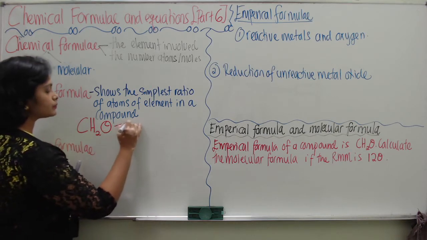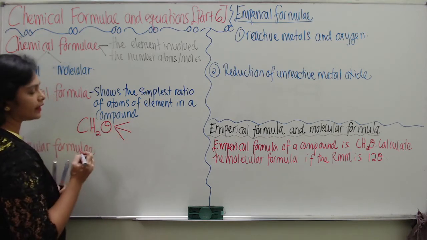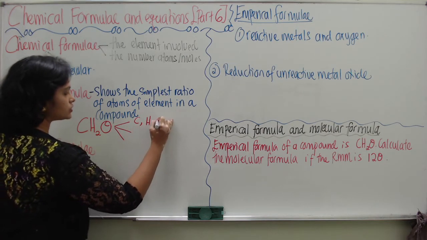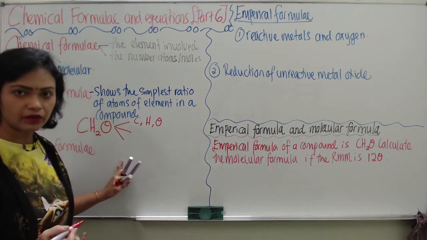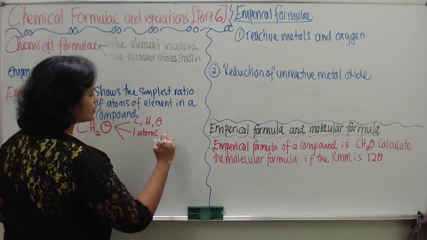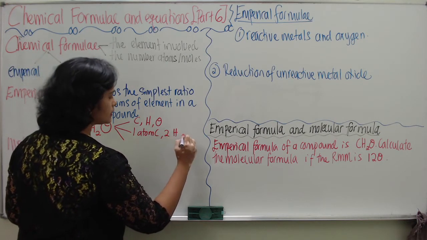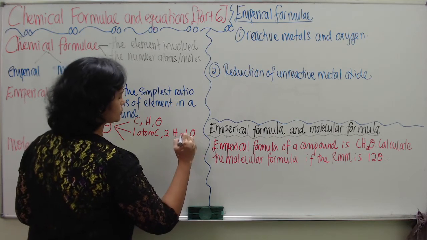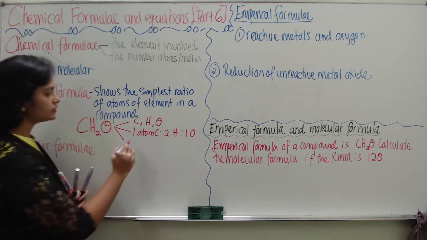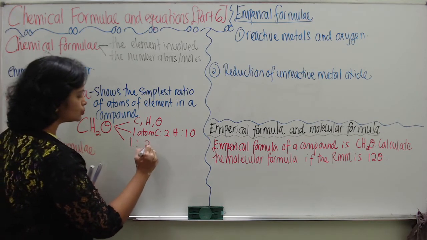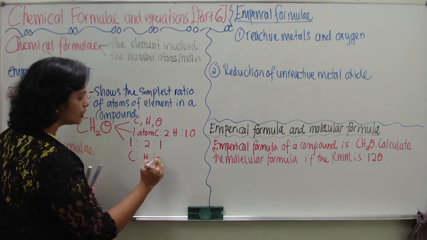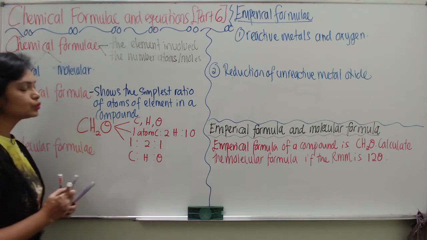The information students can get from here is that we have the elements carbon, hydrogen and oxygen in this empirical formula. We have one atom of carbon, two atoms of hydrogen, one atom of oxygen, and the ratio of carbon to hydrogen to oxygen is 1 to 2 to 1.